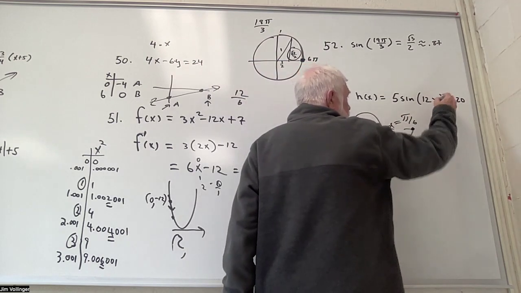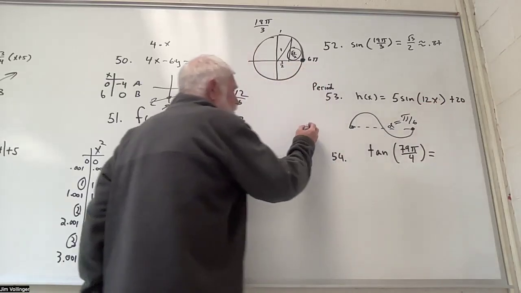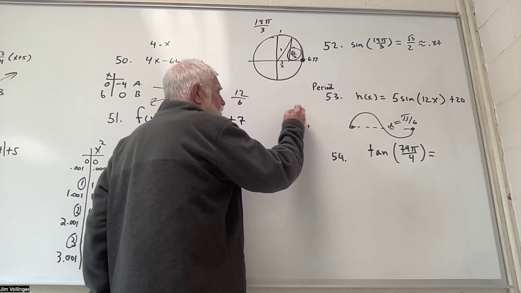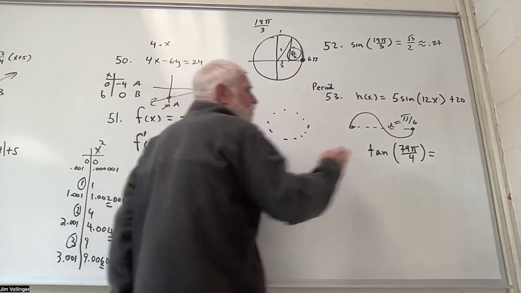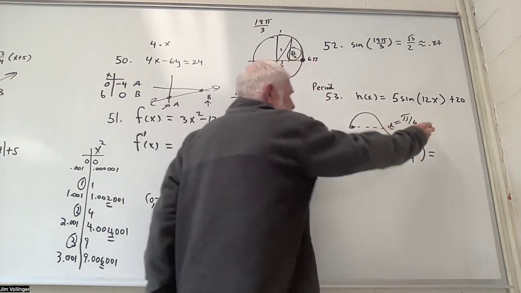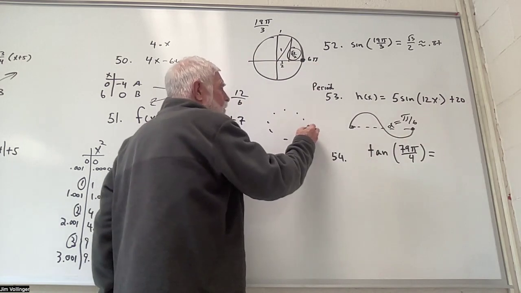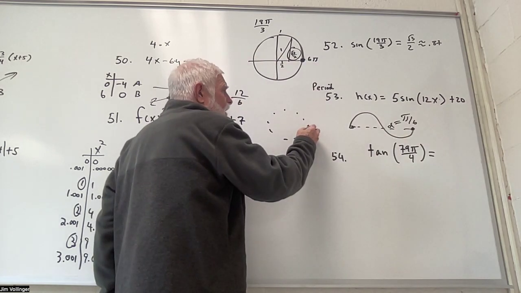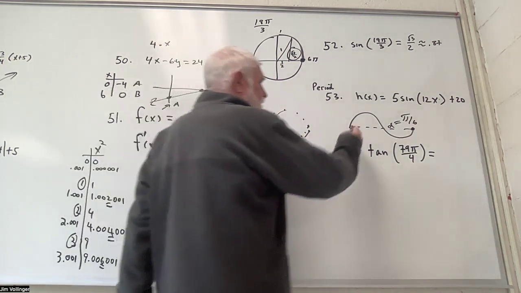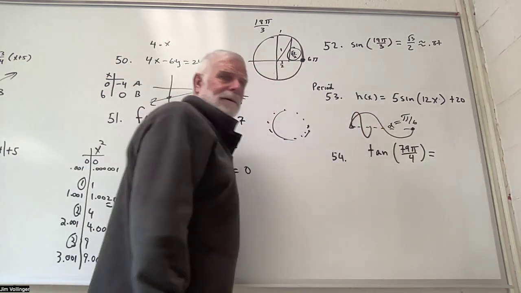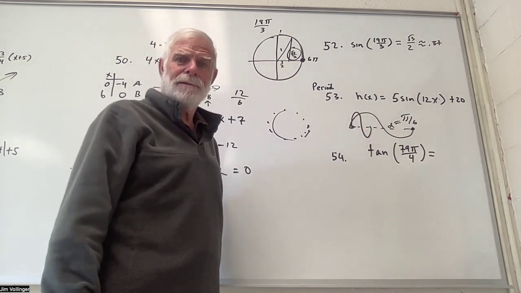You can write x, doesn't matter. 12, so if this is going around the circle at a normal pace, then that would be 6.28 units around the circle. But what if I'm going 12 times as fast? Ready? 12 times as fast as that. Whoa, boom, I'm done. Well, isn't that going to make it do this? I'm going to get all those numbers between 1 and -1 much more quickly.